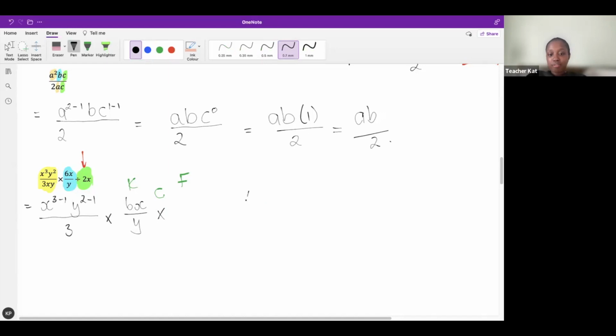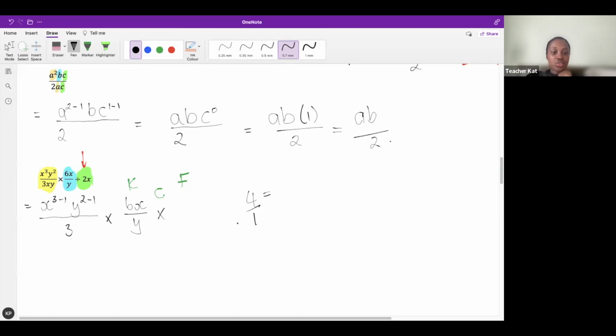Remember, if I flip 4, what does it become? If I flip just 4, it becomes, does anyone have an idea? 4 is the same as saying 4 over 1. Do you guys agree? Because this means 4 divided by 1.